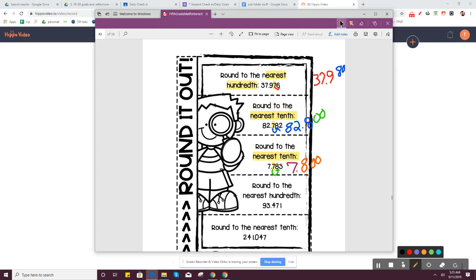Okay, 2 more and then we're done. Rounding to the nearest hundreds, which is this digit right here. The number behind it determines whether or not the 7 stays as 7 or bumps up to an 8. Everything in front of the hundreds place stays the same. So 93.4 stays the same.